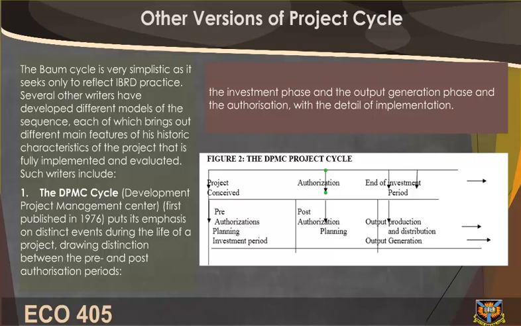DPMC cycle, Development Project Management Center, first published in 1976. This puts its emphasis on distinct events during the life of a project, drawing a distinction between the pre- and post-authorization periods, the investment phase and the output generation phase, and the authorization, with the detail of implementation.